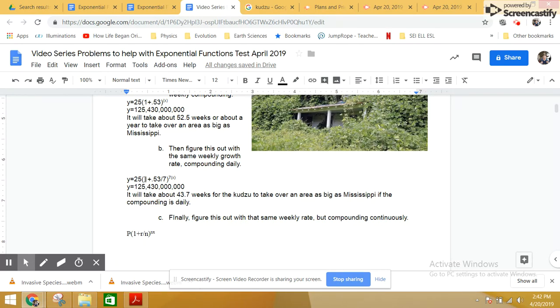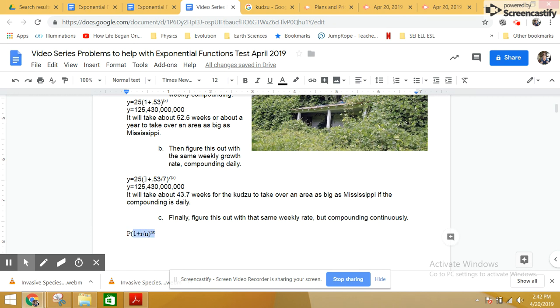Continuous means we're not going in steps. We're going as a continuous, never-ending, always infinitely compounding approach. So there are no single discrete chunks of time. It's just a smear over time. So we're going to use a different equation.